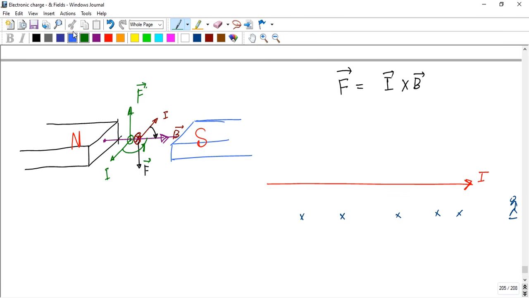Now put another wire in that position. That's current I1, and there's the current I2. If both are in the same direction, there is a magnetic field generated here, a dot here.